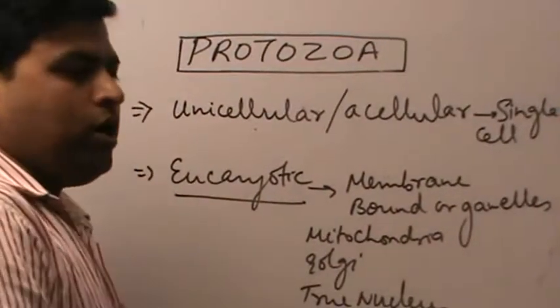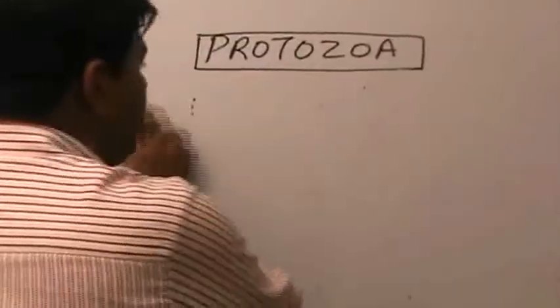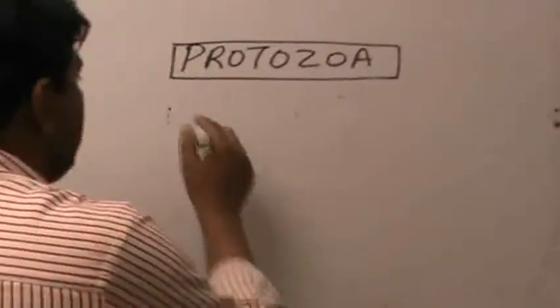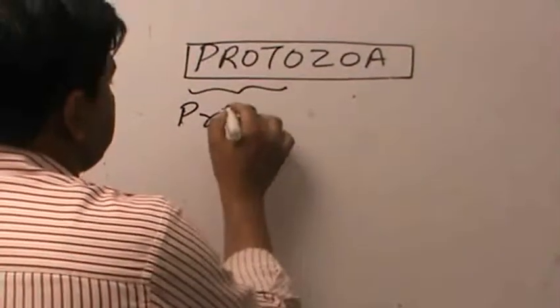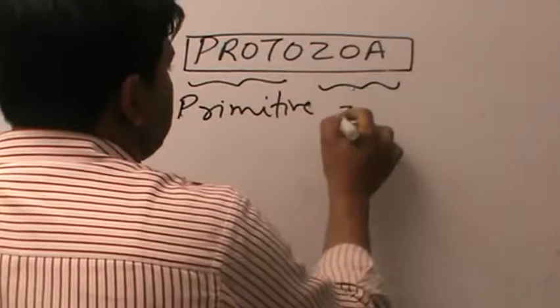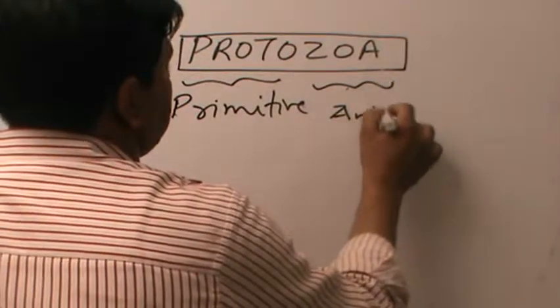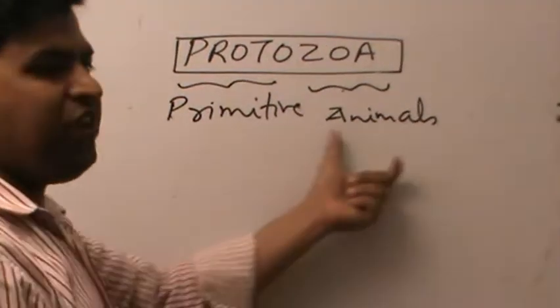So protozoa, when we split it, proto means primitive and zoa means animals. So protozoa, primitive animals.